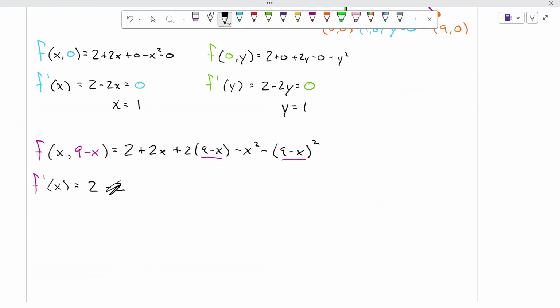Maybe I should just write that out instead of skipping all those steps. Plus 2 times -1. There it is. Minus 2x minus 2 times 9 minus x times -1. And all that should be equal to 0.